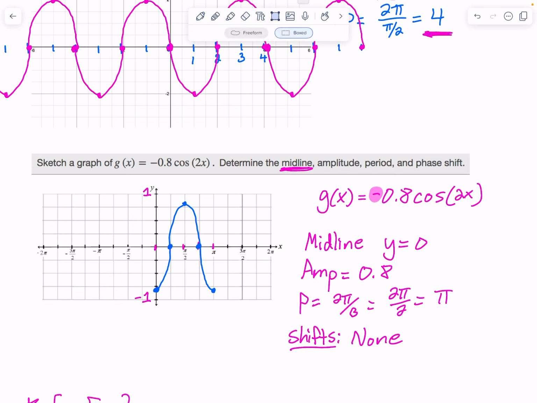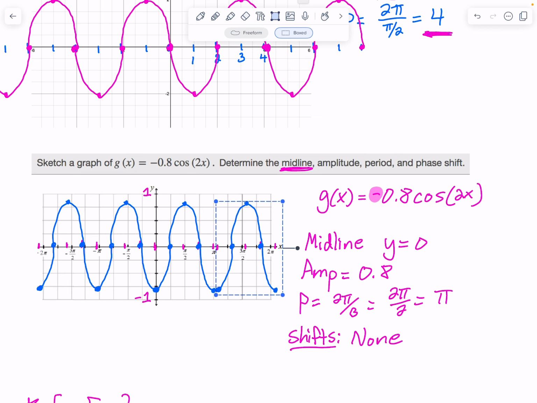And then I could take this and duplicate and put them next to each other, and you can see it would be a lot smoother than my sketch. They would meet at more of a curve rather than a point. So there is that cosine function. Midline's still there. The amplitude is just 0.8. The period is pi. That's why it starts repeating a little faster here, and there were no shifts.